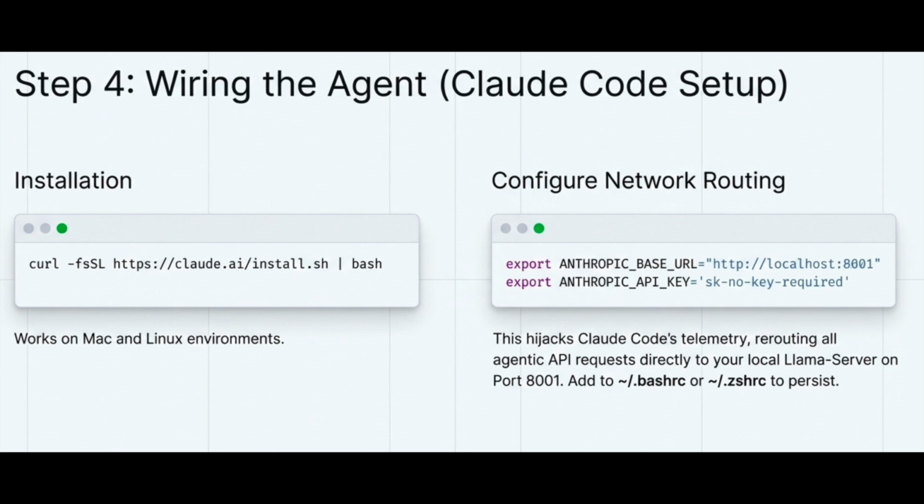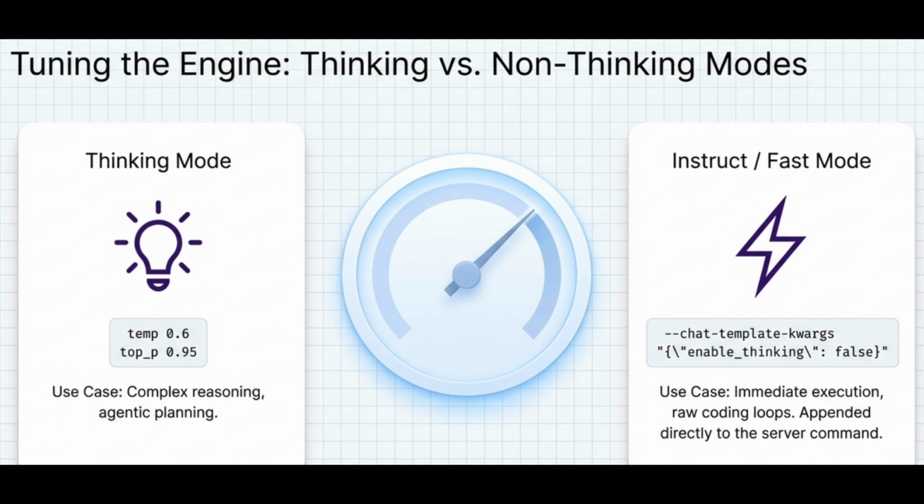Exactly. You load this optimized model using an open source tool called llama.cpp. You set it up on port 8001. But to actually make it fit in that 24 gigabyte limit, you have to manage its memory very carefully. Right. The sources mention something called KV cache quantization. I think it specifically uses Q8_0. Yep, Q8_0. Think of the KV cache as the model's short-term memory of your conversation so far.